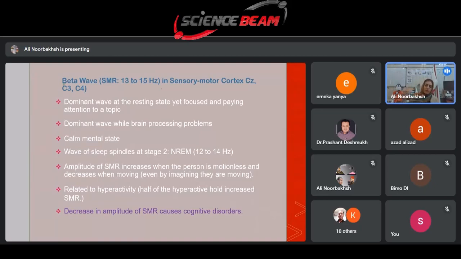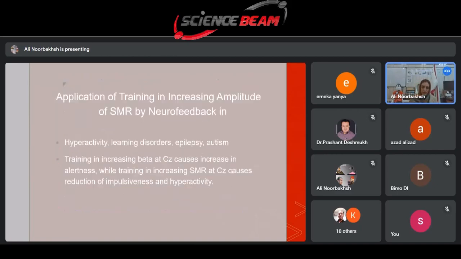We should increase SMR in hyperactivity. Okay, we should increase SMR. A continued decrease in the amplitude of SMR causes cognitive disorder.